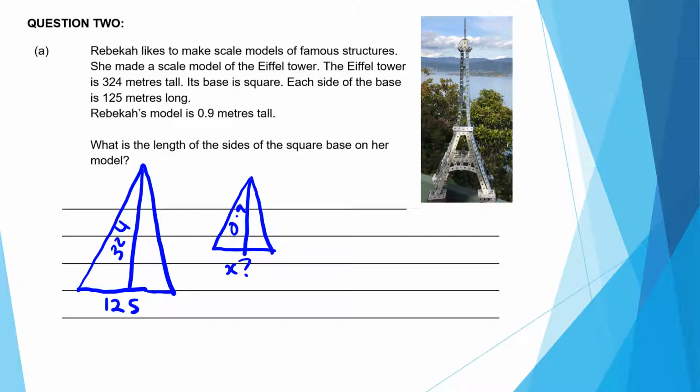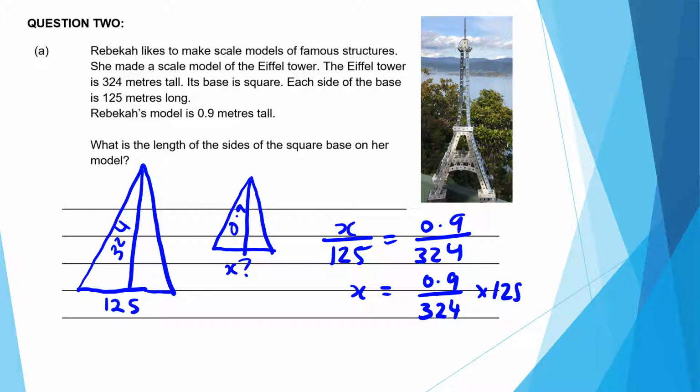So what that means is that x divided by 125 must equal 0.9 divided by 324. So to find x, if we do 0.9 and divide it by 324 and multiply that by 125, that will give us our answer.